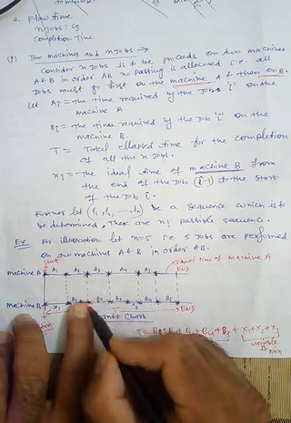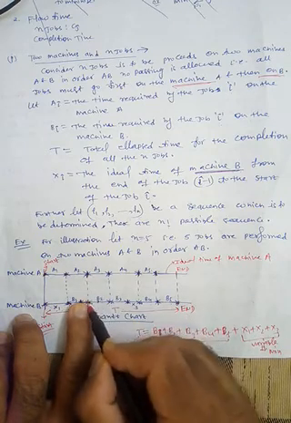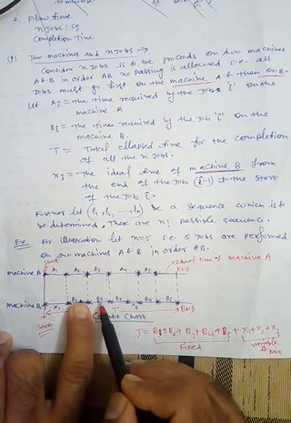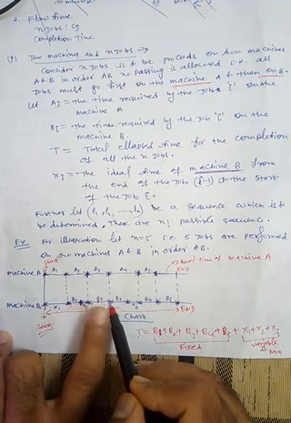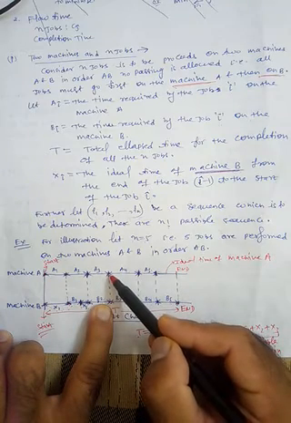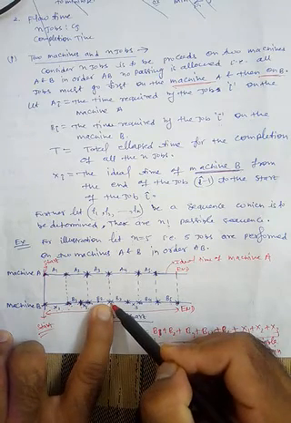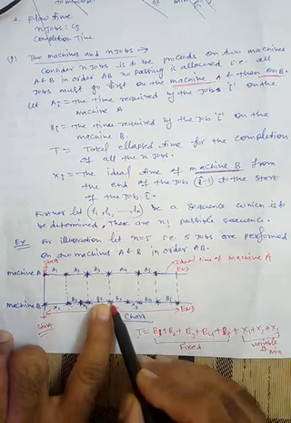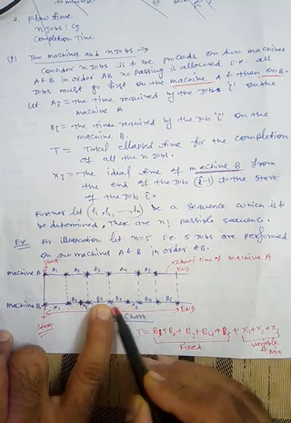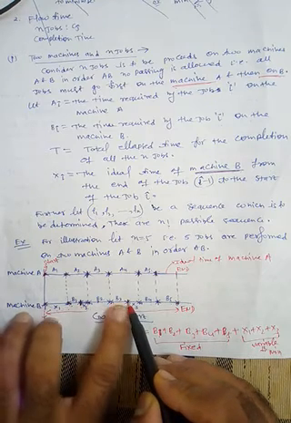Now when the product comes here, the second job starts on machine B, and this takes B2 time and finishes here. But immediately the third product comes here, and machine B starts its functioning. It takes B3 time, so it finishes here.